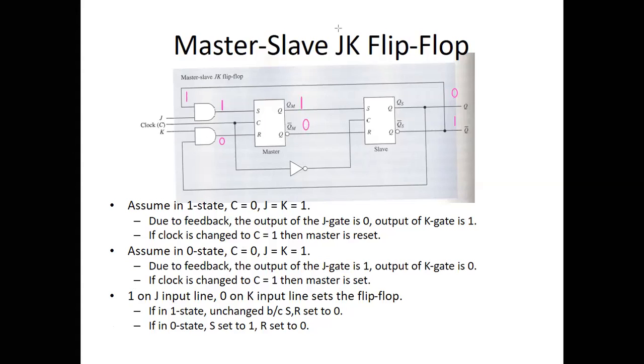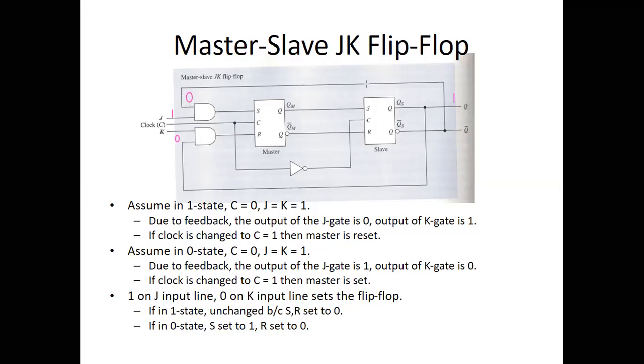And if there is a 1 on J line, the third condition, so I have a 1 over here and a 0 on K line. What happens if the initial output, the previous state, is 1? If previous output is 1, this will actually be 0 because I'm connecting Q bar over here.